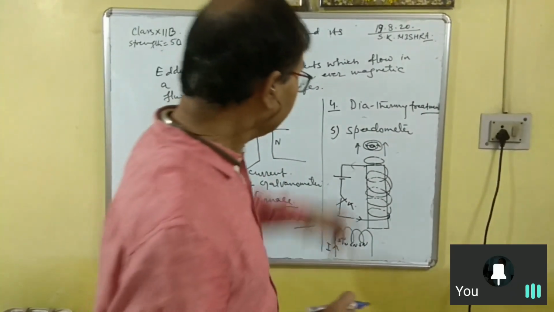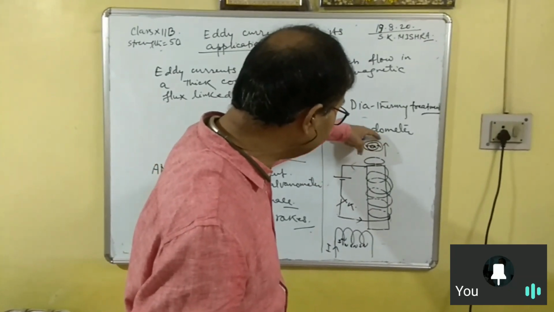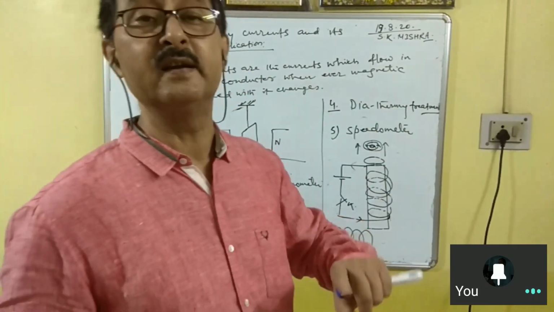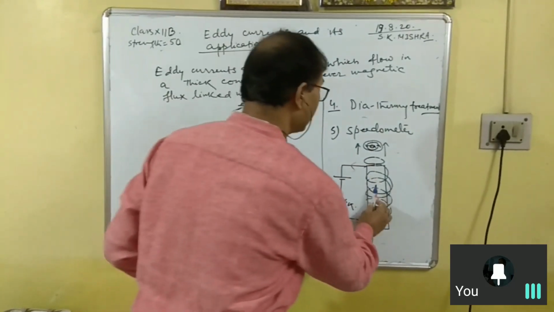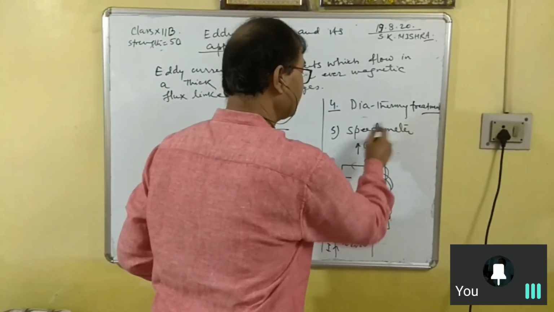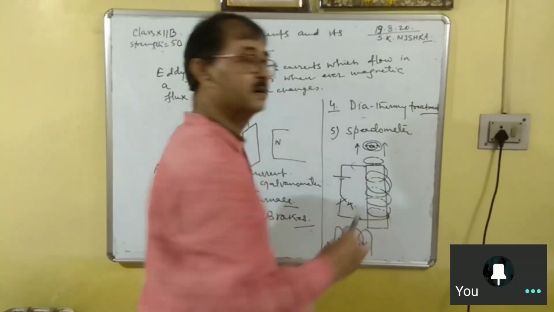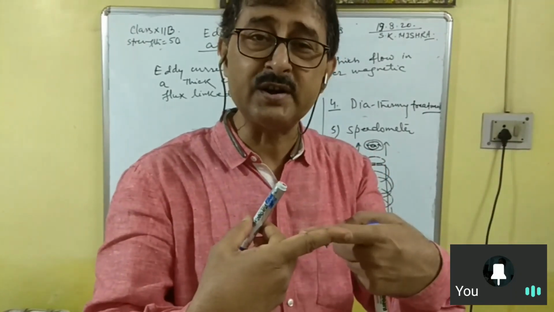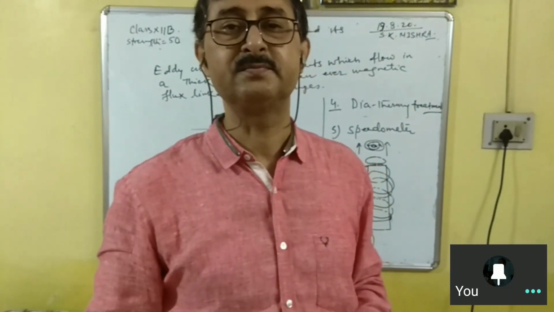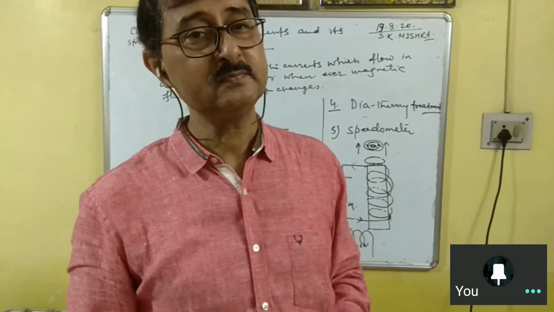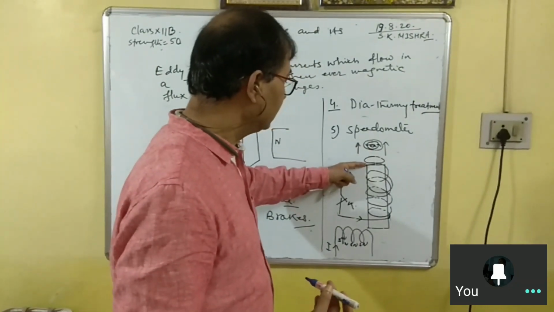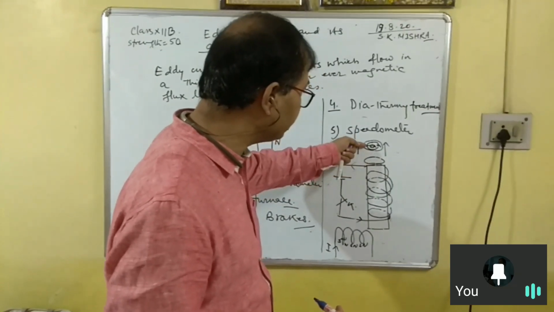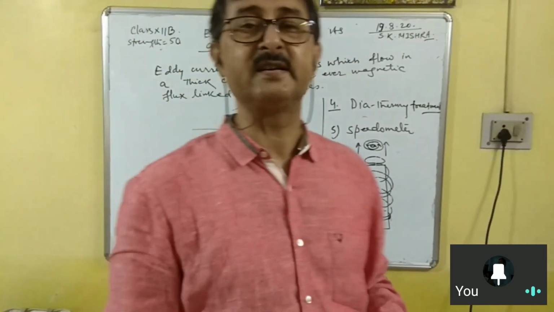So the eddy current induced in the disc will be such that it will oppose the reason. If the magnetic field of the solenoid is along this direction, then the magnetic field of the disc will be along this direction. Two vector quantities in opposite directions, so the net will be less. After a few seconds it will come down because of the weight of the disc.